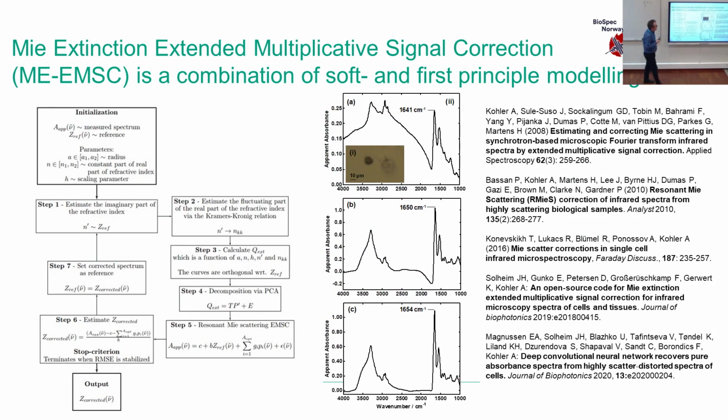So here is the first model, which I put together in 2008. First of all, the Mie theory is a very interesting theory, and I spent a lot of time trying to understand details of it. It's based on Maxwell's equations. You have to solve Maxwell's equations if you are interested in this, and you can say it's much more interesting than quantum physics.